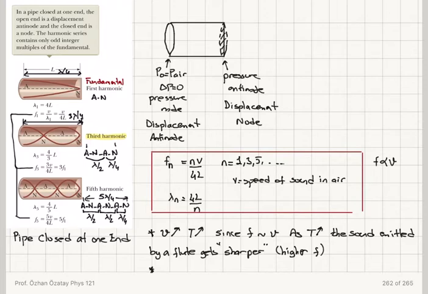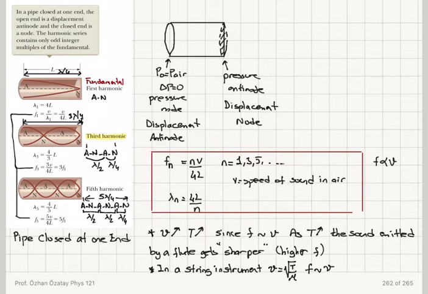On the other hand, if I look at waves on a string in a string instrument, for example piano or violin, the propagation speed of these waves is given by square root of T over mu.